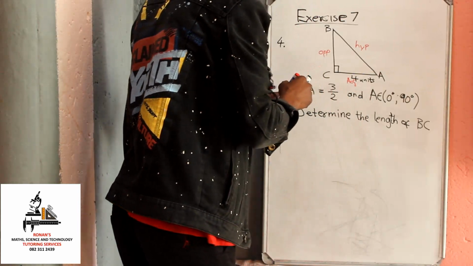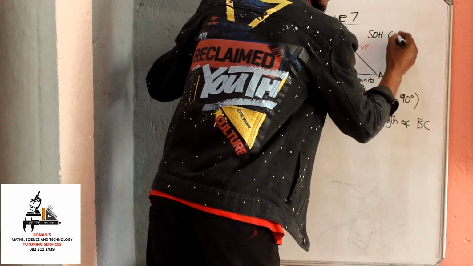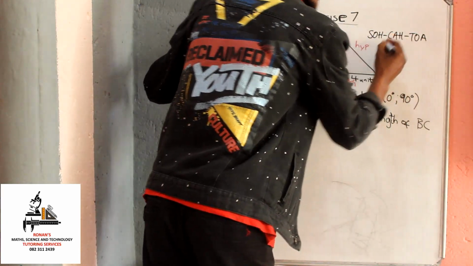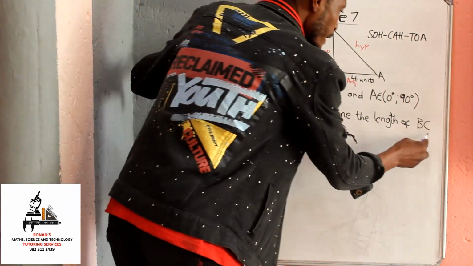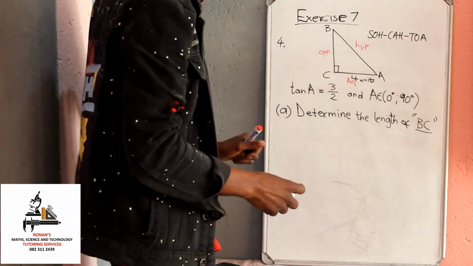Now, again, I'm going to write the acronym SOA. They say they want the length of BC. They've given us 4 units there.